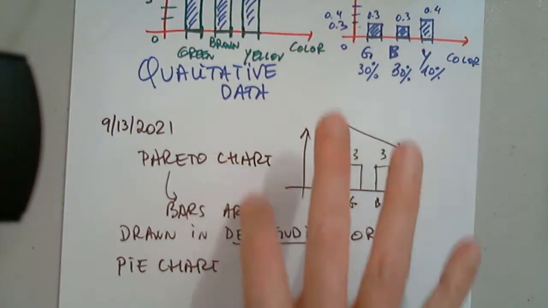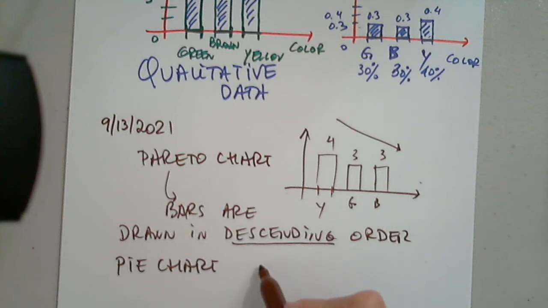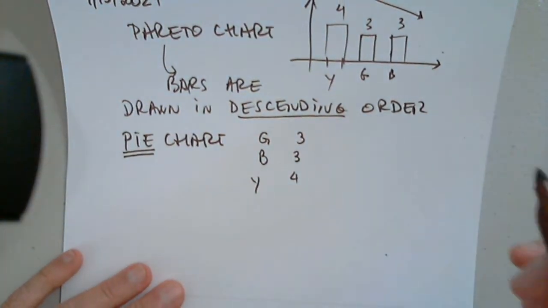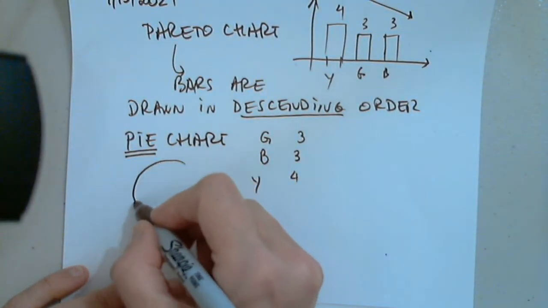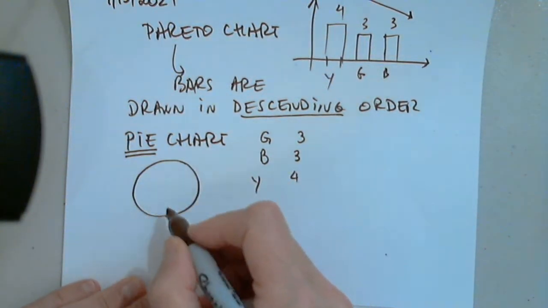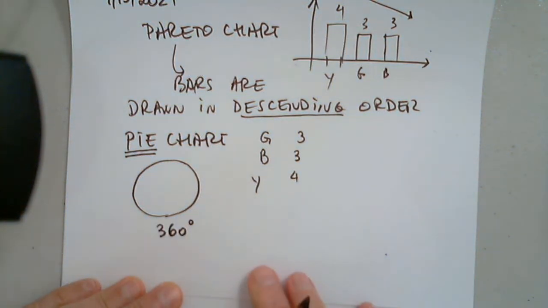And that's why I wanted to continue here, for the same data set. So we know that we have under green 3, for brown 3, and for yellow 4. Okay, in order to create a so-called pie chart, I know that a full circle has how many degrees? 360. Thank you very much. 360 degrees.